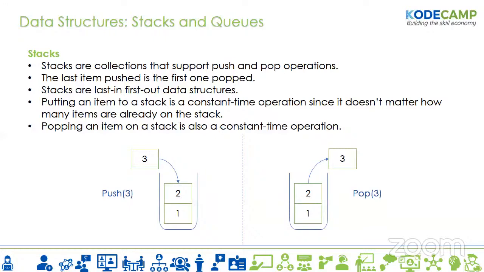It doesn't matter how many items are already in the array, at the end of the array it's constant time. Even if there are a million items, all you need to do is place an item there at the end. And popping an item is also a constant time operation.